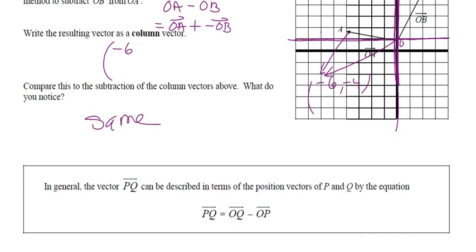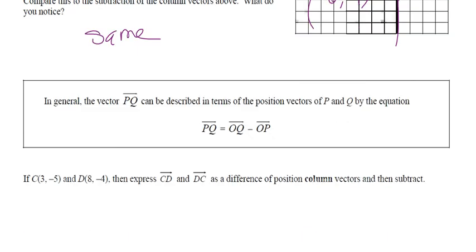Okay, in general, the vector PQ can be described in terms of position vectors P and Q by the equation OQ minus OP. So here, just sketch it out. Wherever P is, it doesn't matter where P is.